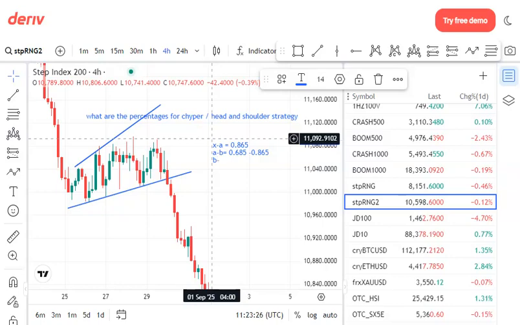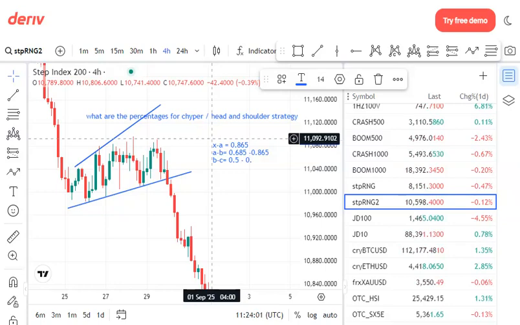B to C equals, after doing this I'll show you a realistic explanation on the screen, and you get to understand how to calculate this. And B to C equals 0.5, I'm sorry about the slash, 0.5 all the way to 0.77.